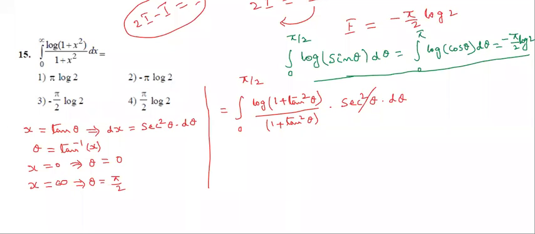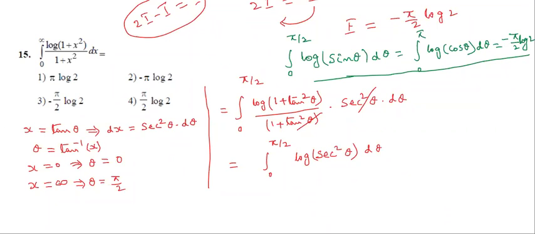Secant square theta and 1 plus tan square theta cancel, and the numerator is integration 0 to pi by 2 logarithm of 1 plus tan square theta, that is secant square theta d theta.